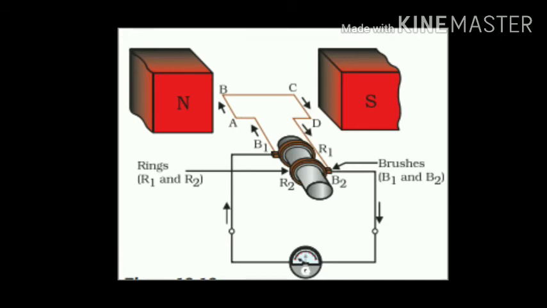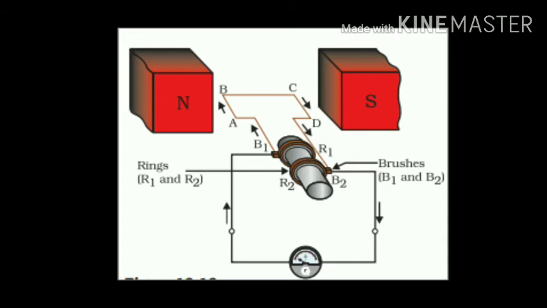Clear? Now the axis of the axle as well as the rings are coinciding, right? I can say the axis of the entire system is common, right? So this is something which you can see. So the brushes B1 and B2 further have been connected to an external load. This much you can understand from the basic figure.